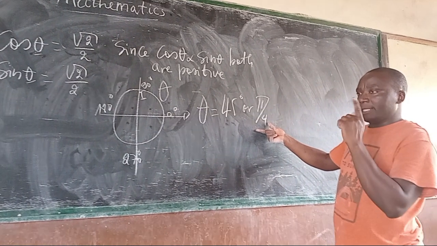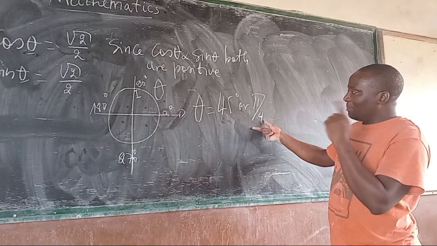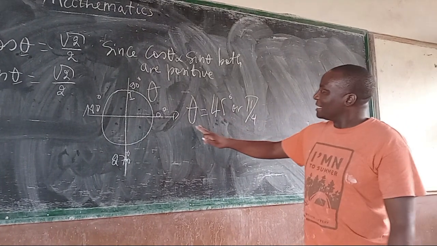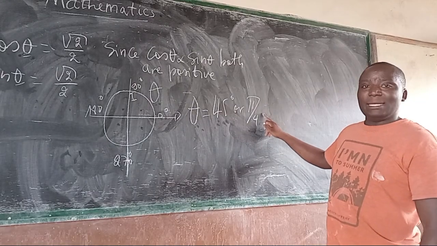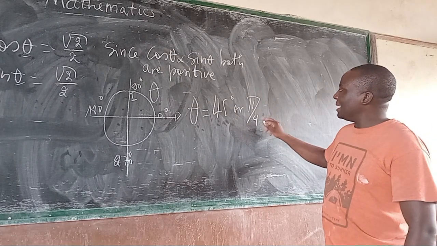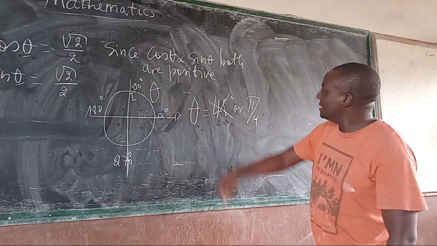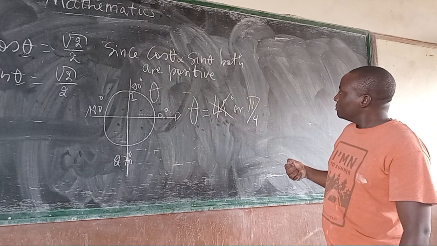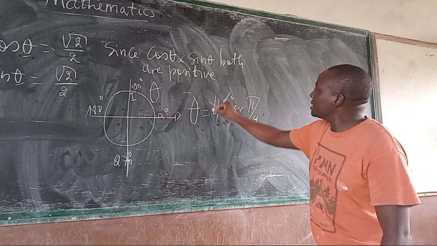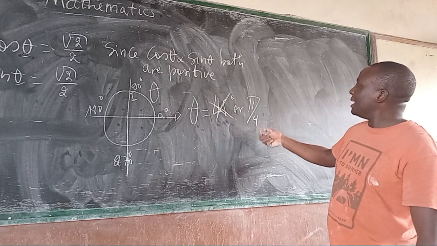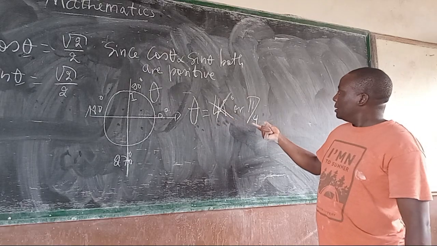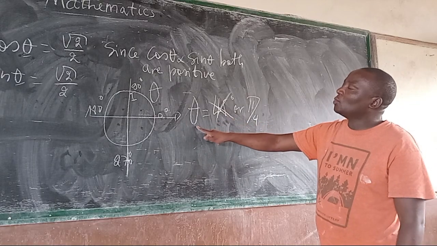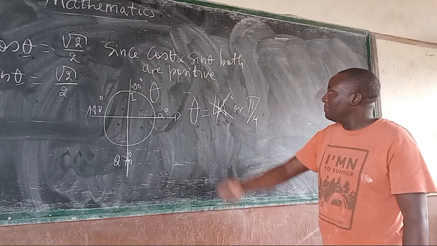Teachers, don't forget, as a mathematician, always try to express this argument theta in radians. Using degrees is not a good way of expressing. Always try to use radians when you express your argument.